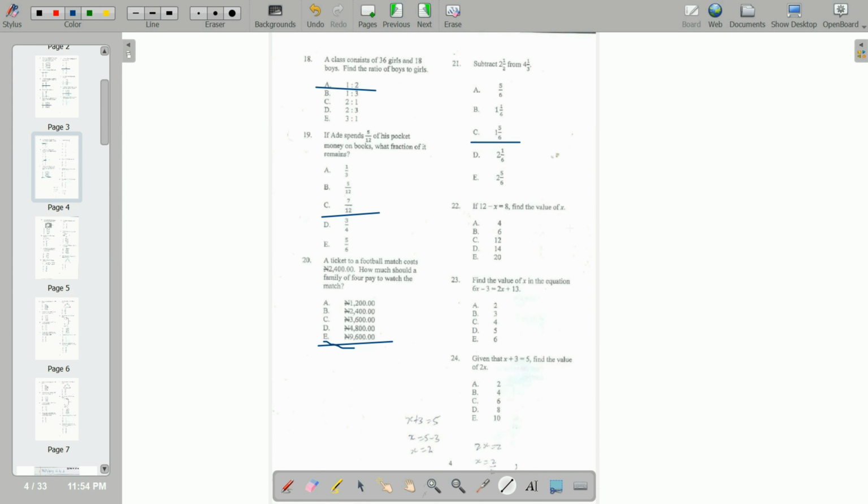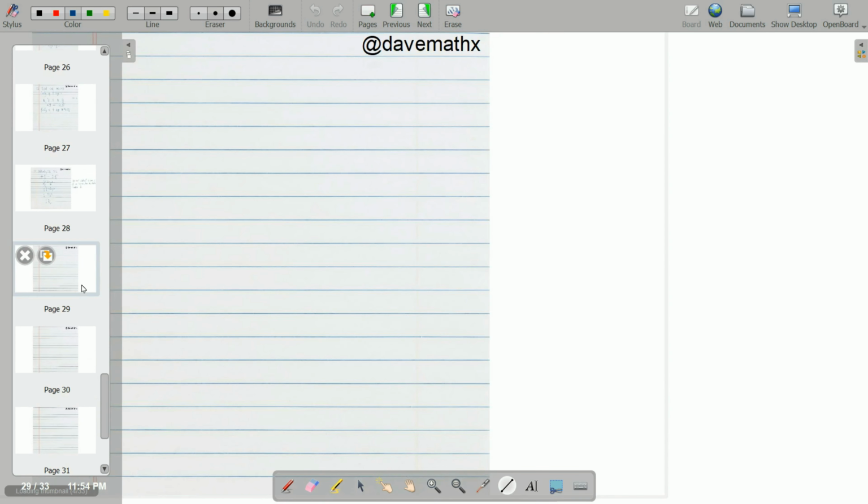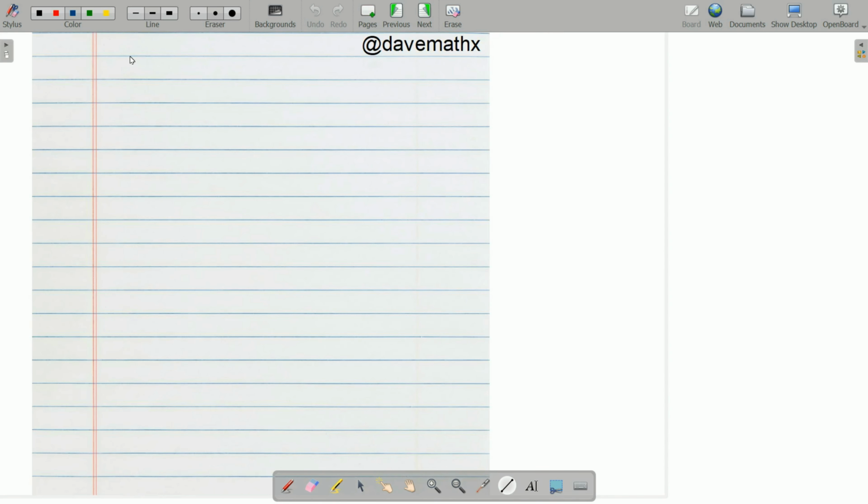Next is question 22. 12 minus x equals 8.